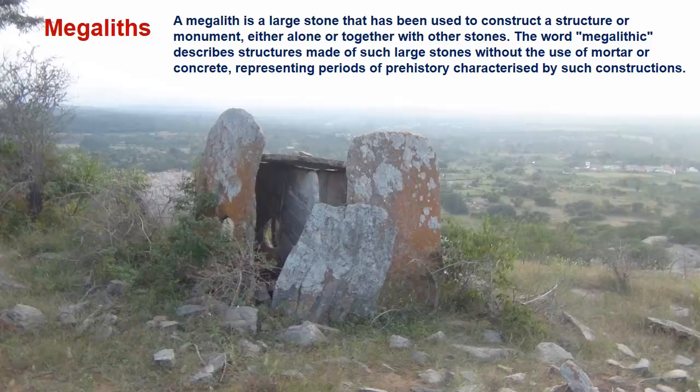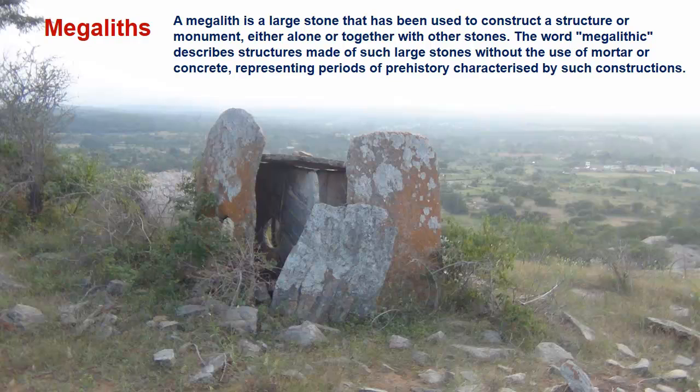It is clear from the name itself: lith means stone, mega means big. So the word megalithic describes structures made of such large stones without the use of mortar or concrete. That means naturally, at that time where would mortar come from? Representing periods of prehistory characterized by such constructions. So generally people lived in such places on top of hills. So those are megalithic. That's why megalithic period.